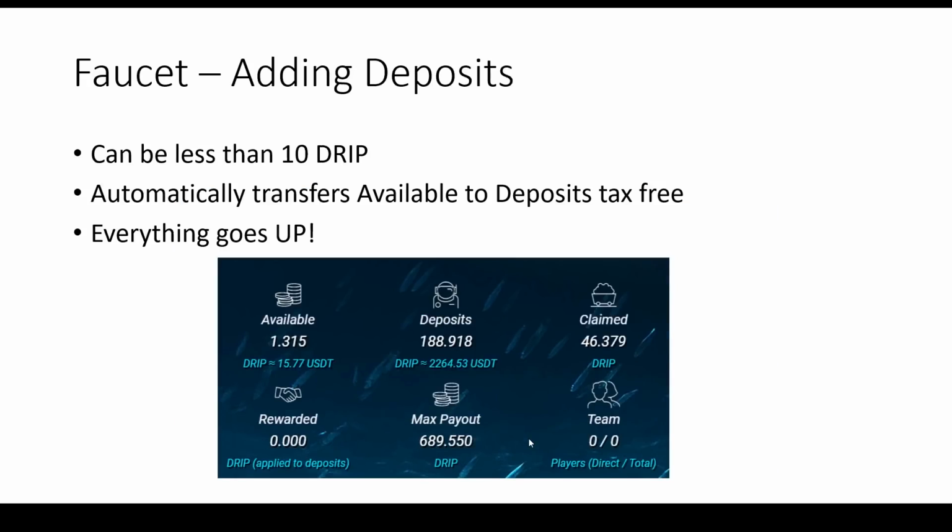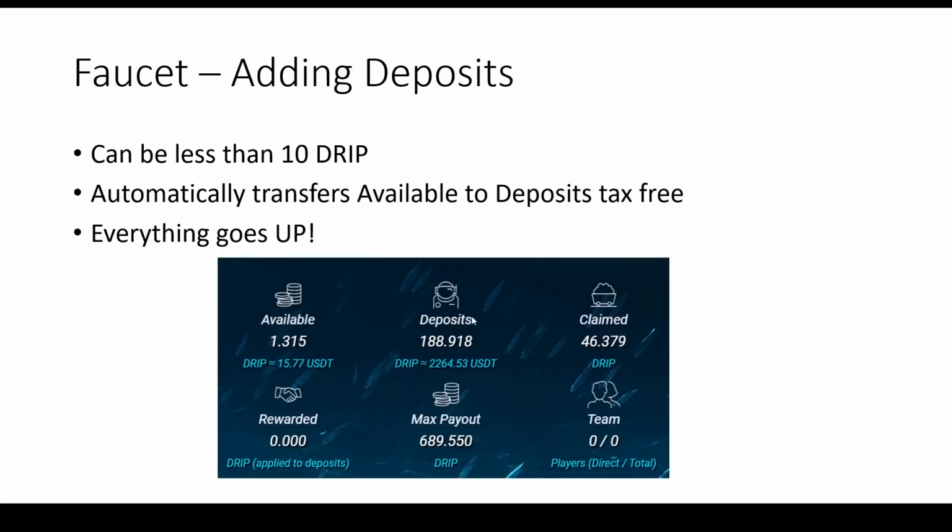So, whenever you add to your deposits, whether you make a new deposit into your contract or you hydrate, where the available tokens are withdrawn and then deposited, any means by which you add tokens to your deposits, everything goes up.